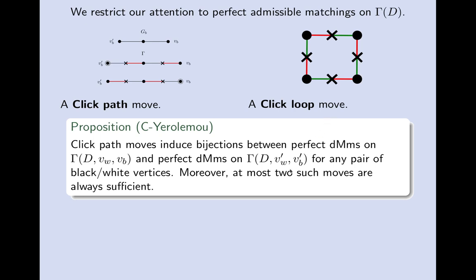Again, I want to remark that since we are talking about only admissible matchings here, one of these regions is black and one is white in both cases. Moreover, at most two such click path moves are needed to establish a bijection between any two sets of discrete Morse matchings.